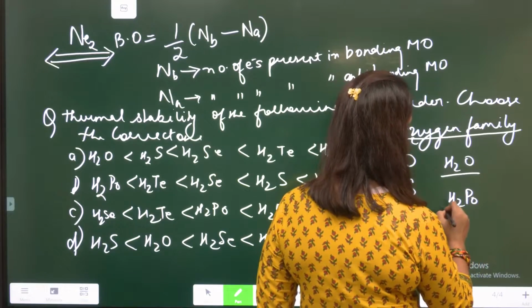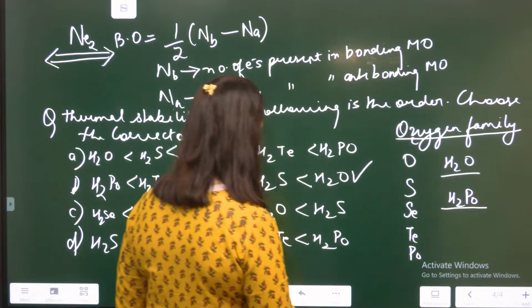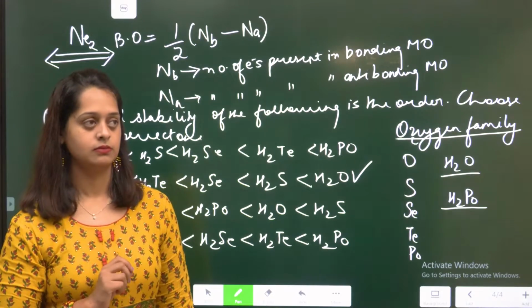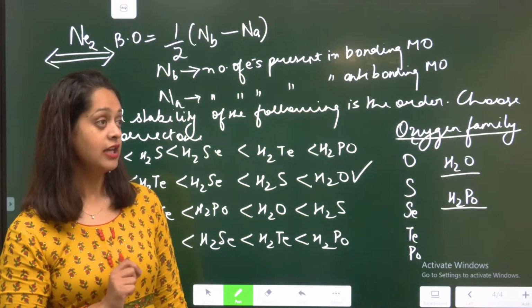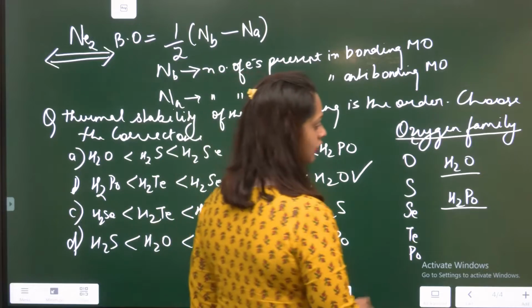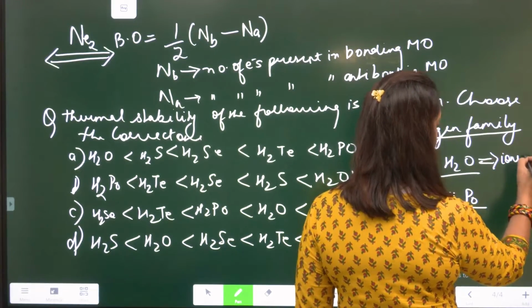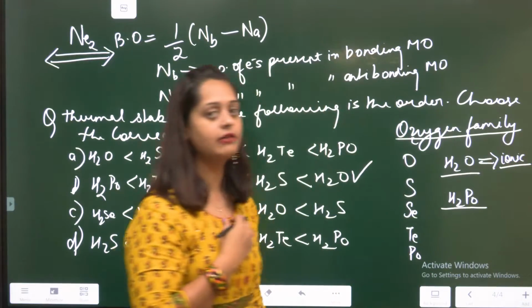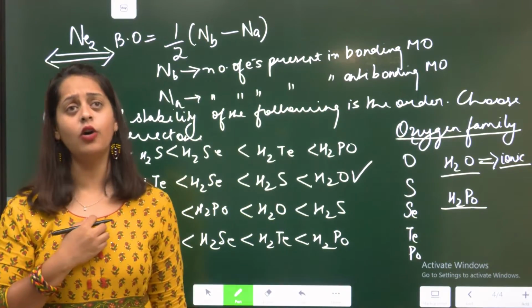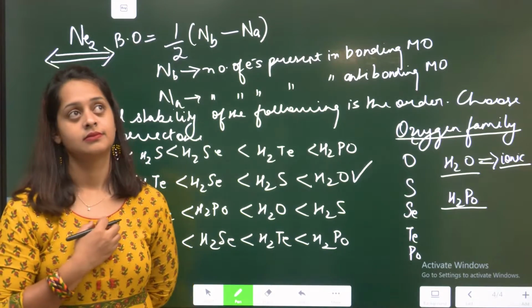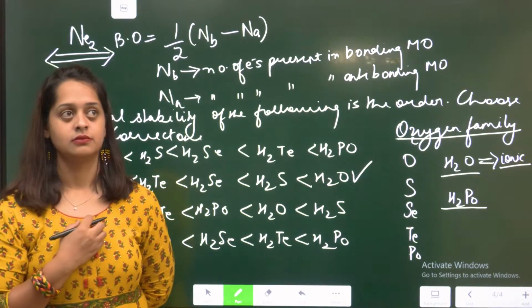Which one will have more ionic character? H2O. So H2O being more ionic, that means the polarizability power of oxygen will be high or low? Low.